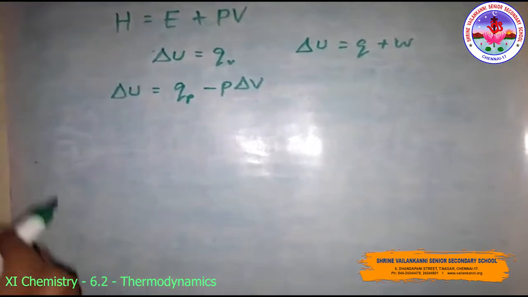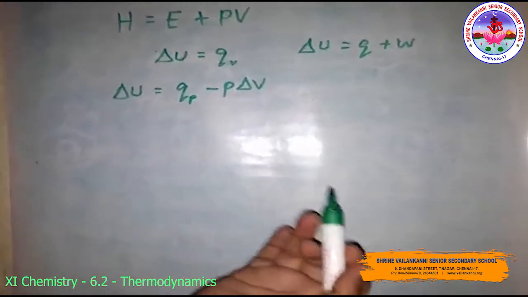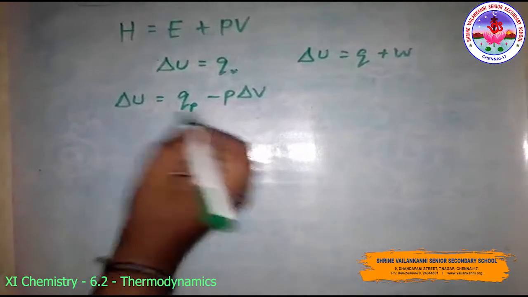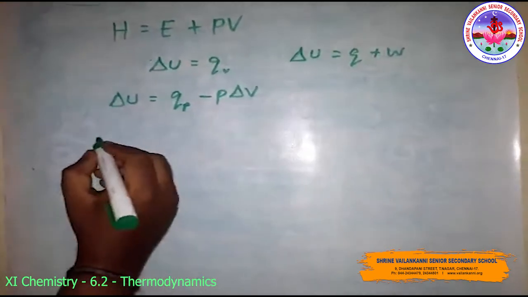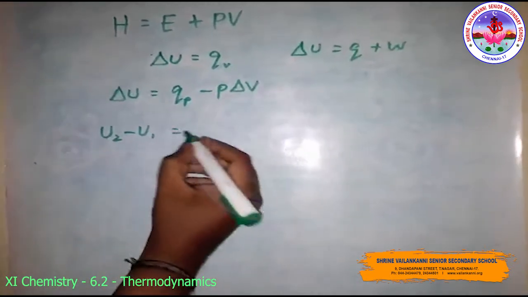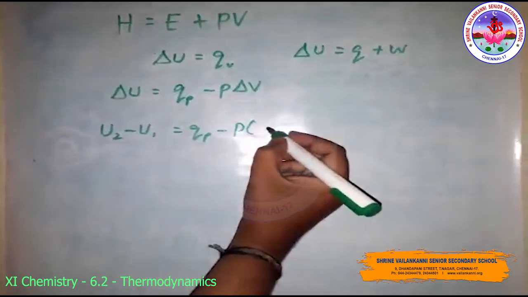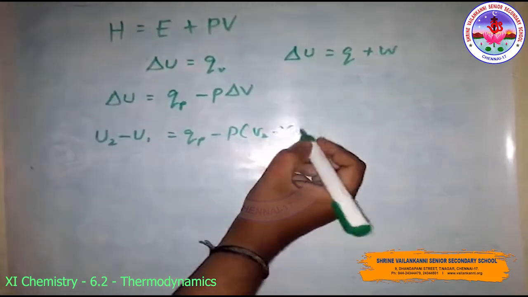Let us represent the initial state by the subscript 1 and the final state by 2, so that we can rewrite the equation as U2 minus U1 is equal to QP minus P times V2 minus V1.